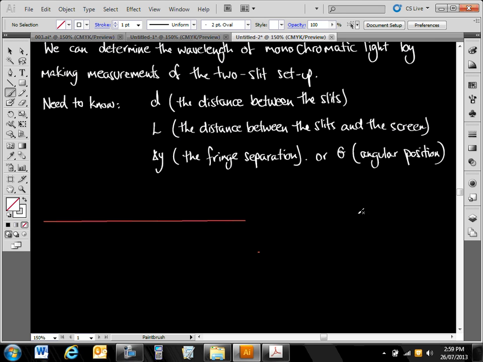I have a laser, which I'll consider coherent laser light. Can anybody see straight away what I could do over here in order to find the wavelength of that light?